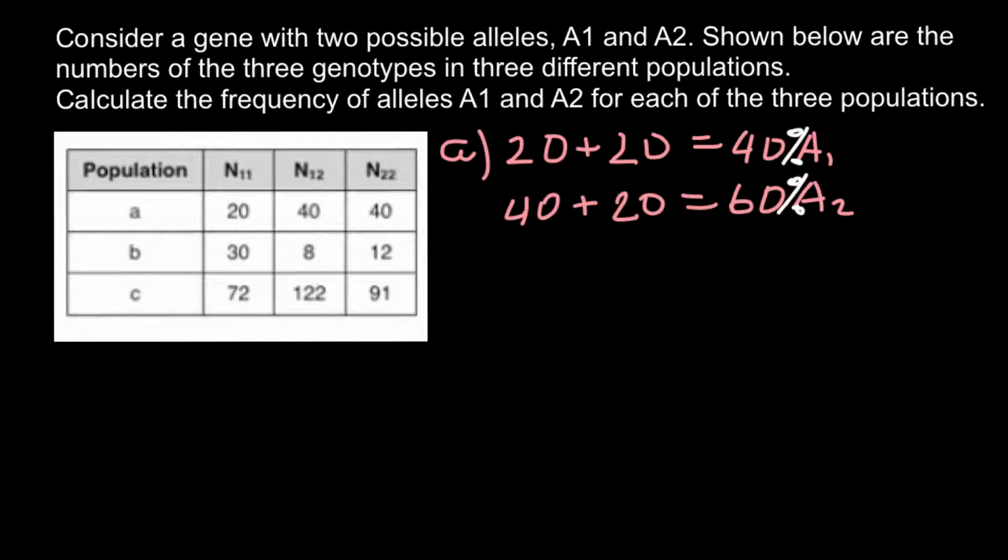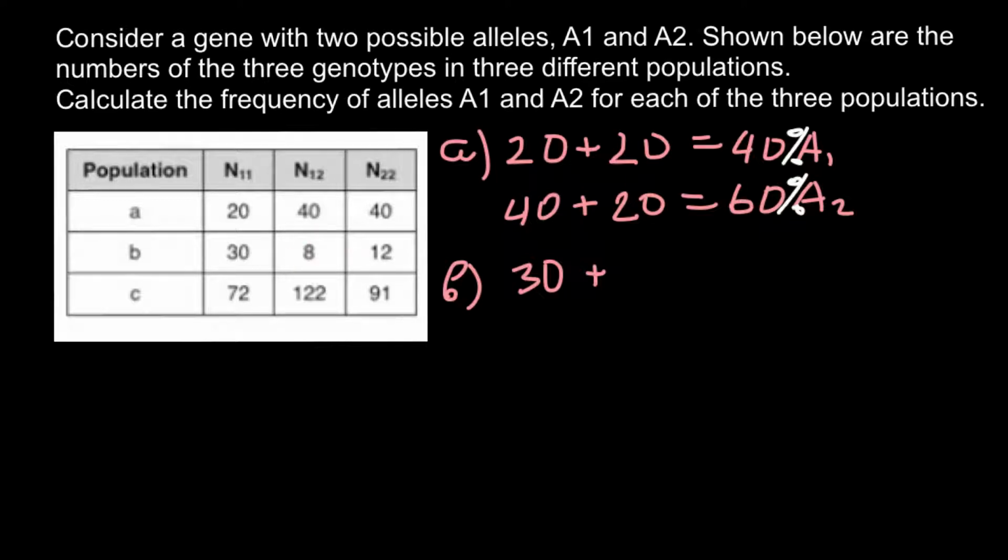Let's now consider population B. Our calculations would be as follows. We have 30 alleles A1, plus the individuals who are heterozygous. Out of these 8, half would be A1 allele and half would be A2 allele.